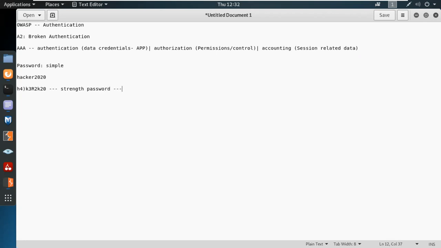We are using some numeric values, some special characters, and some upper and lower case.